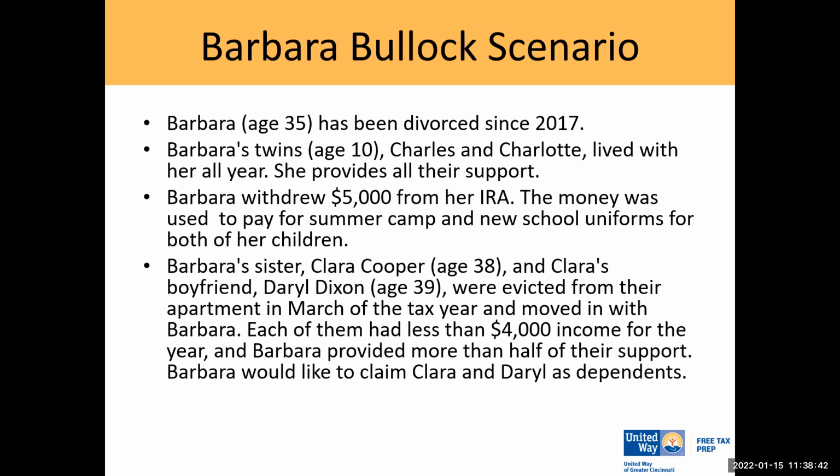He would be the qualifying relative, right? There would be three dependents. If the two other adults are not filing married jointly, then they can be dependents, right? That's right. So Clara and Daryl can be qualifying relatives.